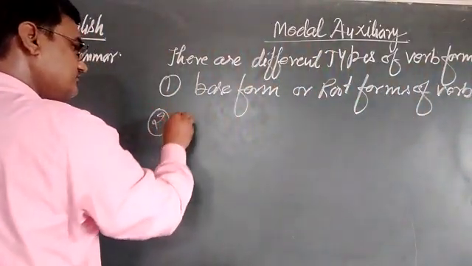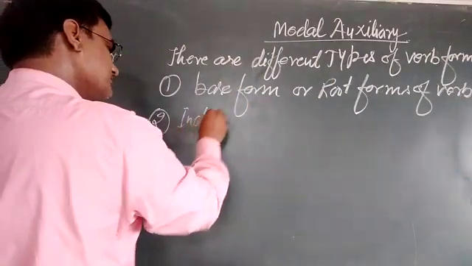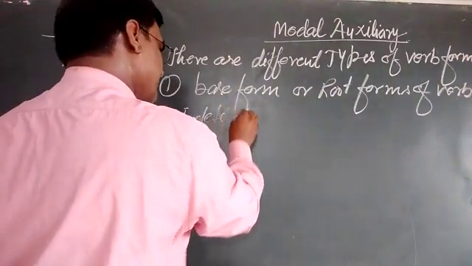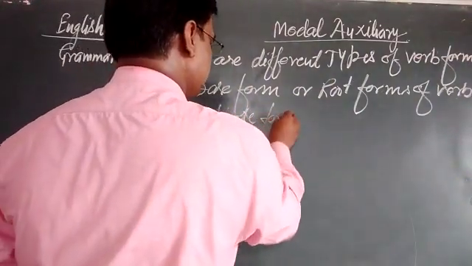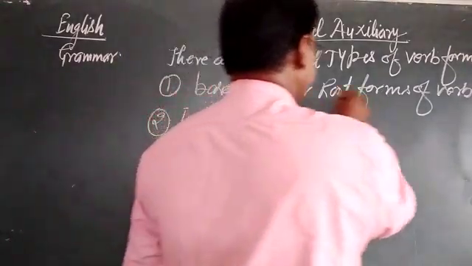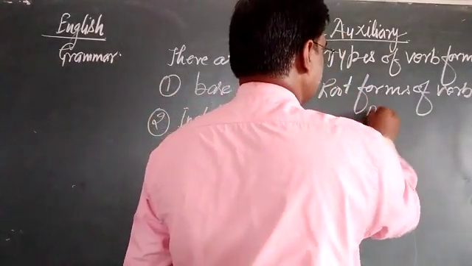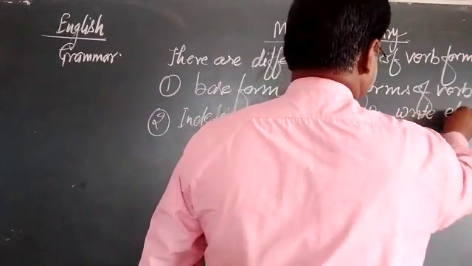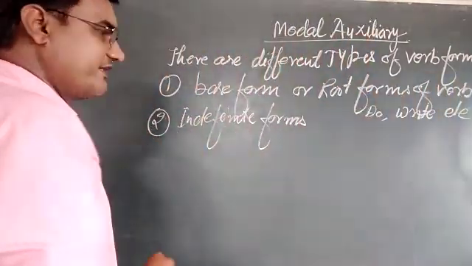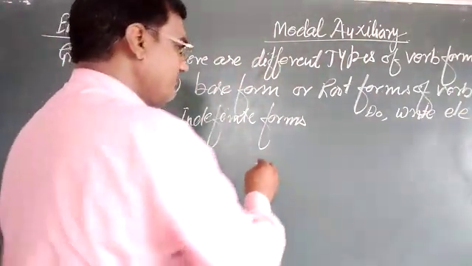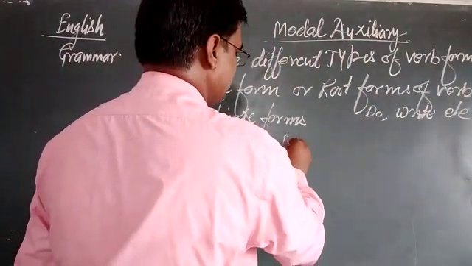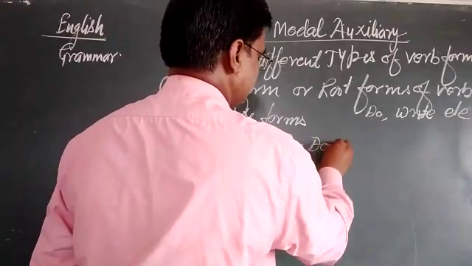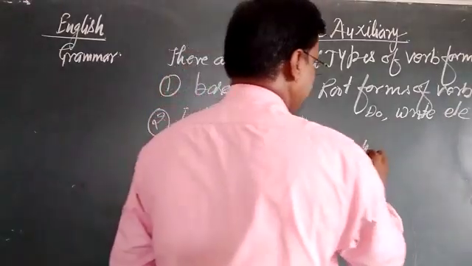Second, indefinite form. Base form is like do, write, etc. And the indefinite form, for example, does. Write, indefinite form, writes.